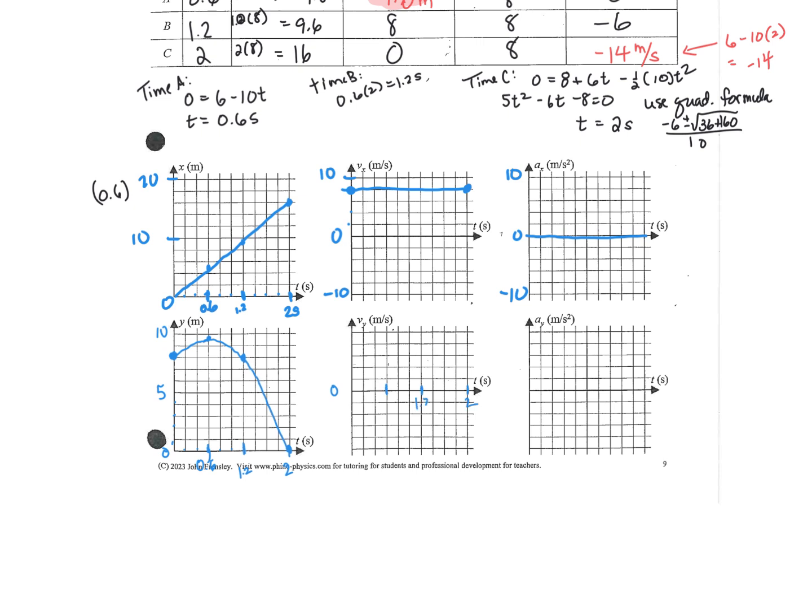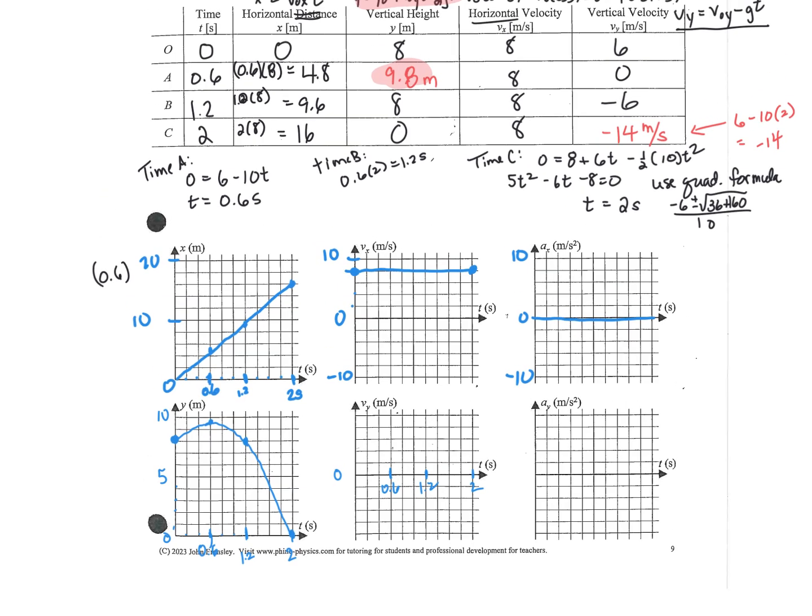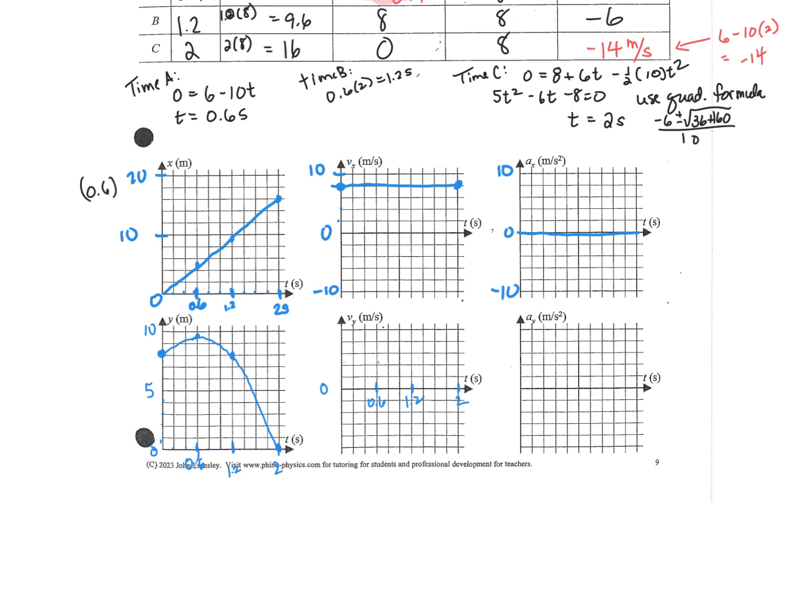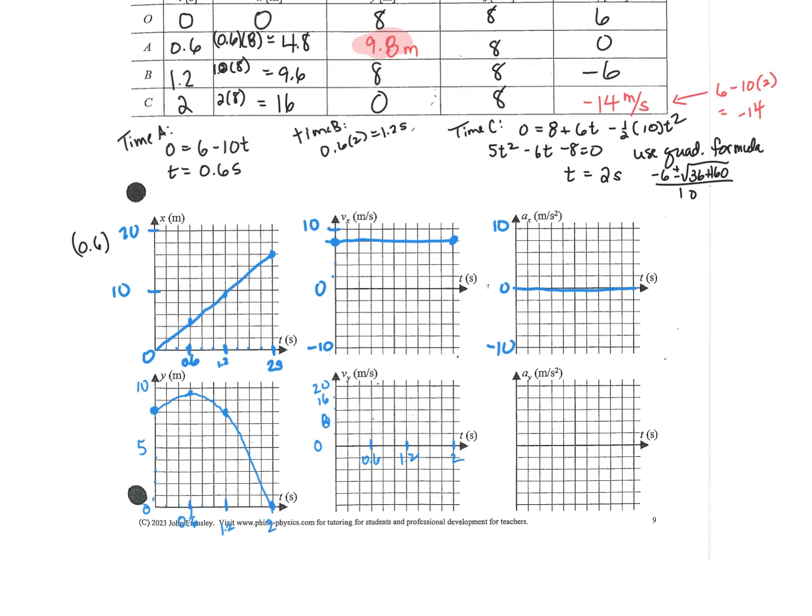So 2, 1.2, 0.6. And the velocity starts at what? Vertical velocity started at 6. And we got to go to negative 14, so this at 20 and go by 5, so this is 10, 5, 10, no, 4s. This is 8, 12, 16, so here. So it started at, what, 6?